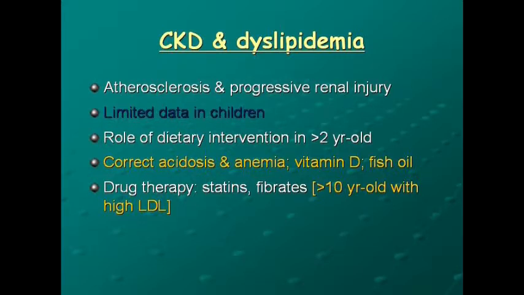And if the children are clearly showing high lipid levels, we generally take an LDL of more than 160 or even 130. One would either intervene by dietary mechanisms, or in older children by using statins, which is currently the drug of choice. So even in chronic kidney disease, dyslipidemia is a major issue because it again appears to be an independent predictor of progression of kidney damage.